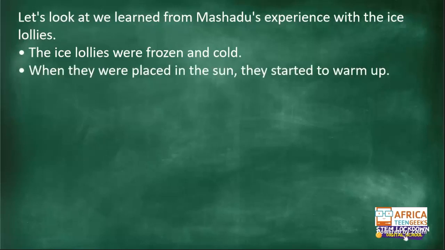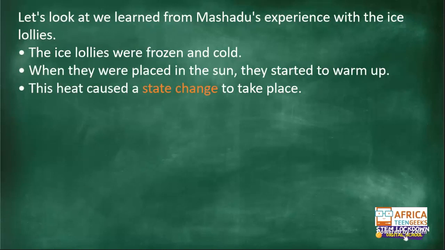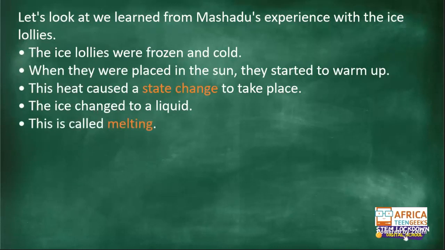When they were placed in the sun, they started to warm up. And this heat caused a state change to take place. The ice changed to a liquid. And this is called melting. That is actually a scientific name, melting.